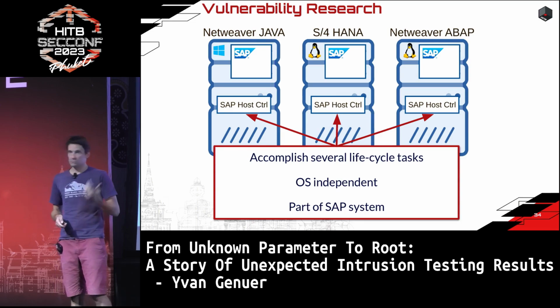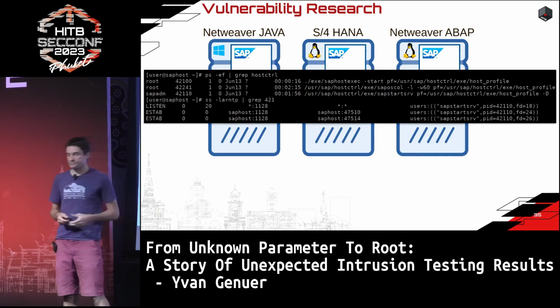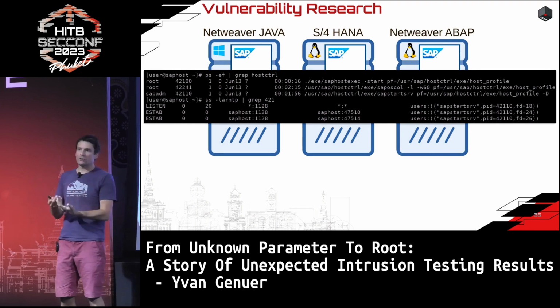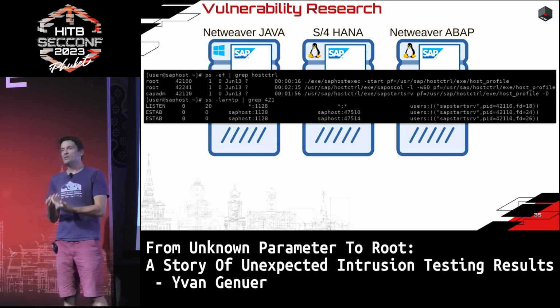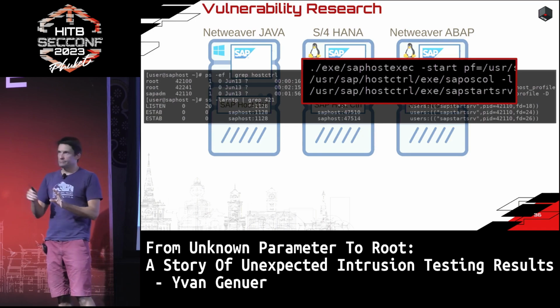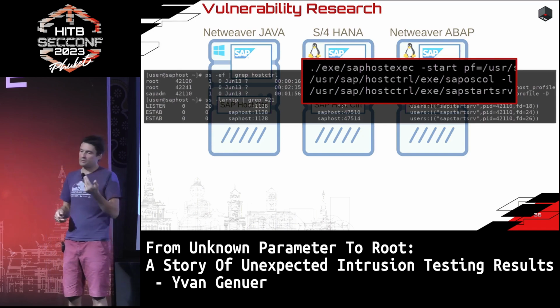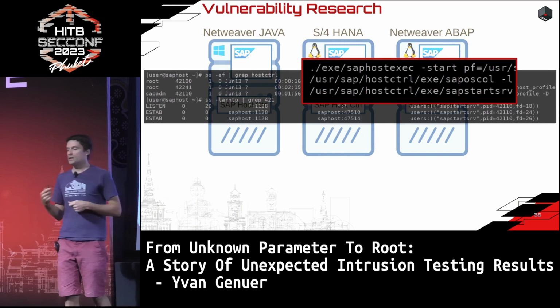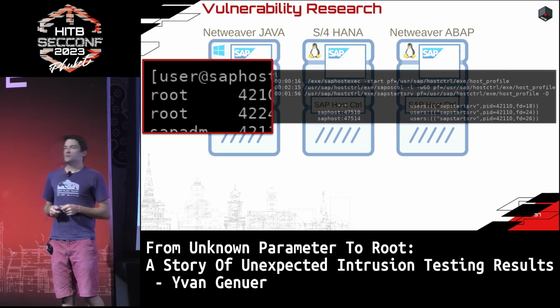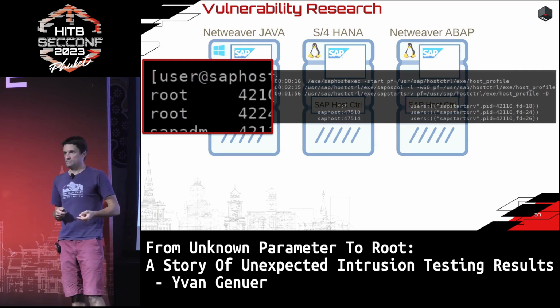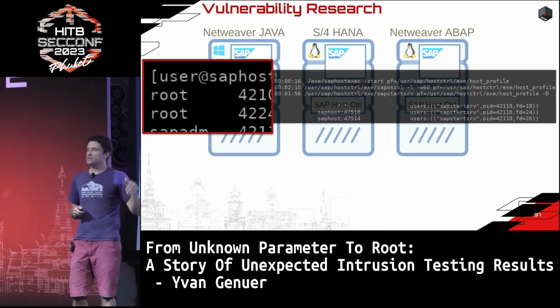So it's present everywhere. With a couple of commands, you can learn 3 important things about the SAP host control. First, behind these services there are 3 binaries. There are more binaries, but at least 3 running: the SAP host exec, the SAP host call, and the SAP start service. 2 of these binaries run as root, or on Windows as NT SYSTEM.